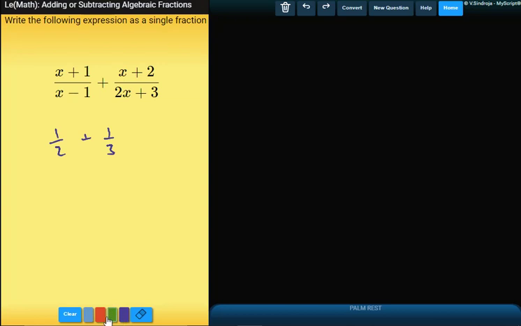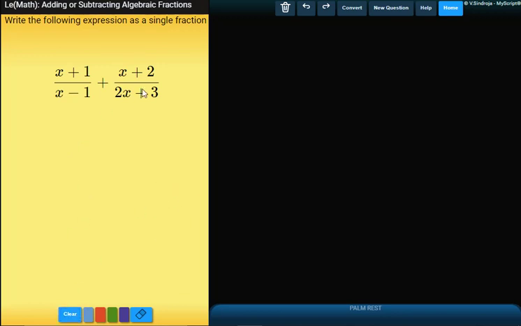We need to times top and bottom by something to make sure that they have the same denominator. On this one, you need to times top and bottom by 3, and this one we need to times top and bottom by 2. So this would be 3 over 6, and this would be 2 over 6. When they have the same denominator, you just add the numerators. So 3 add 2 is 5, and then it's out of 6. So 5 over 6 is the answer.